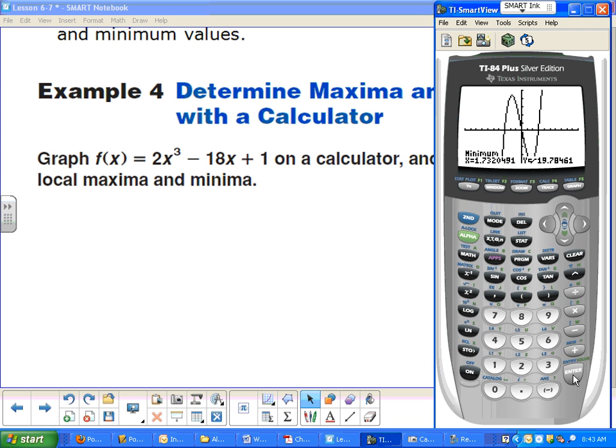Now, when we're talking about maxes and mins, we are only talking about the y values. We're not talking about the points. We're talking about the y values.